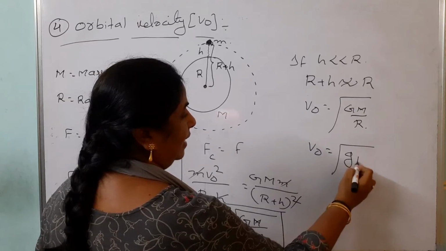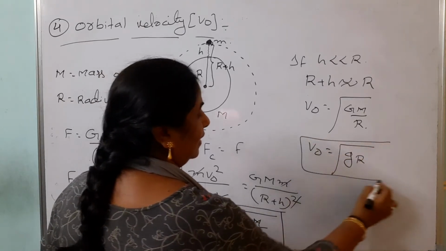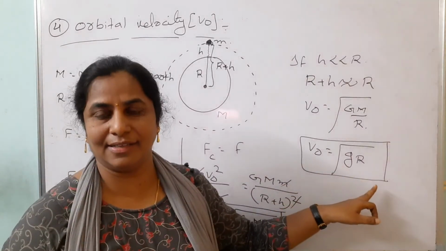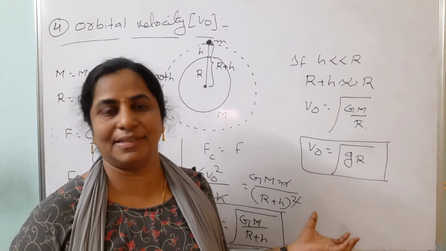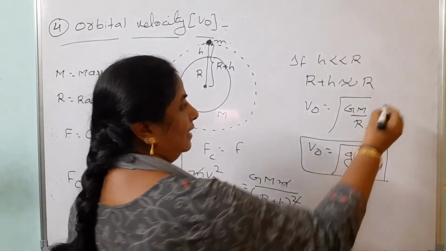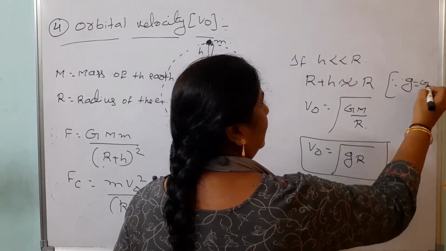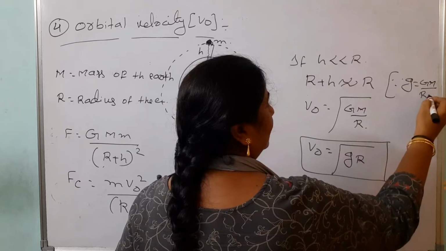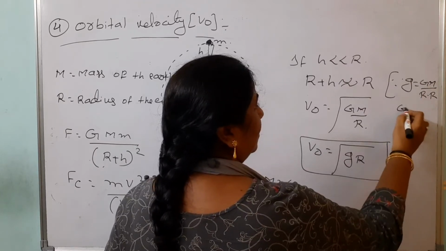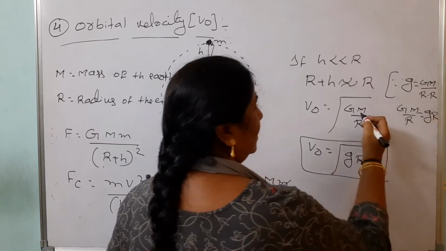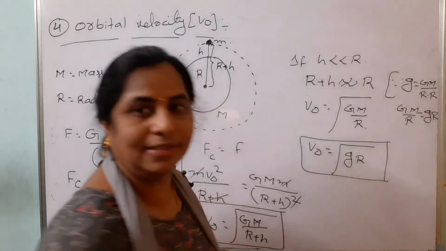Instead of GM by r, we are writing gr. Look here, orbital velocity depends only on the radius of the planet. It does not depend on the mass of that one. And here you remember that the relation is g equals GM by r square, means r into r. From this, GM by r is how much? Small g into r. So instead of GM by r, I have written gr.